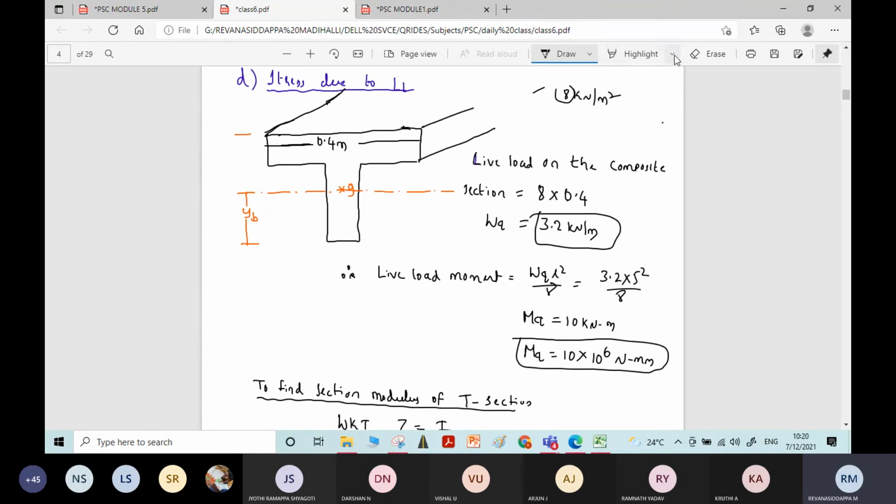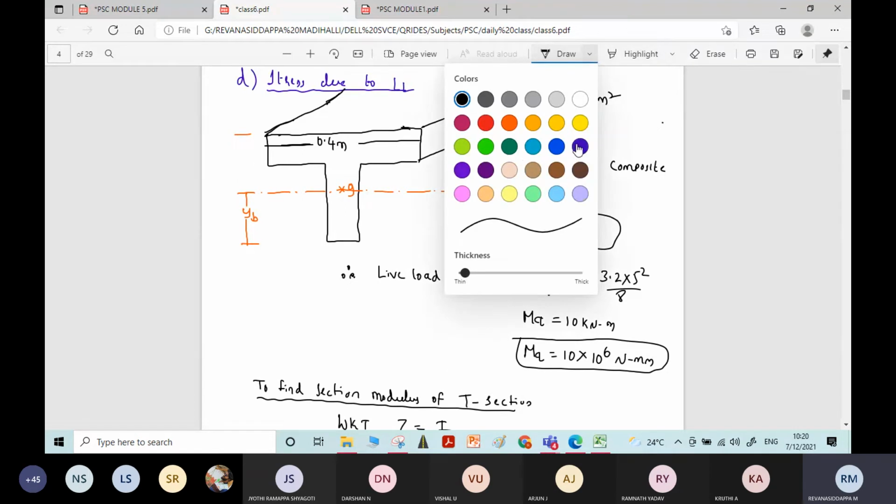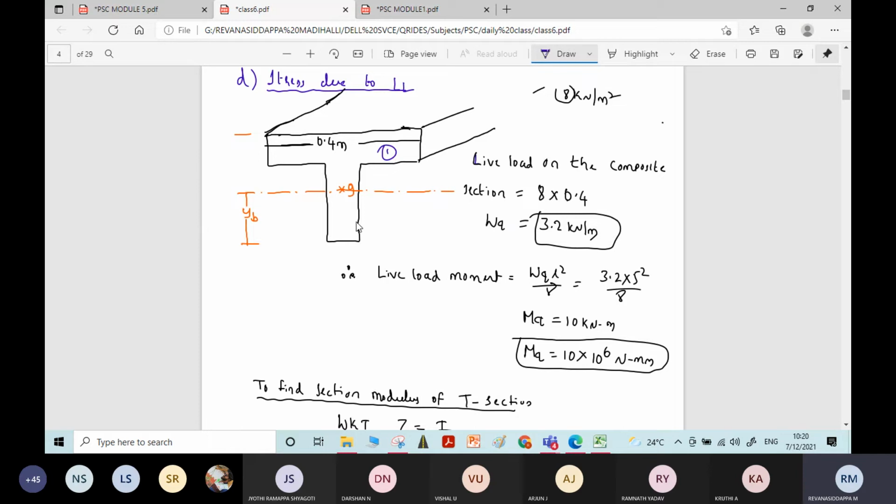You take this flange as A1, the first component, and this as the second component. So area of this flange is 0.4 by 40. That is 400 by 40.